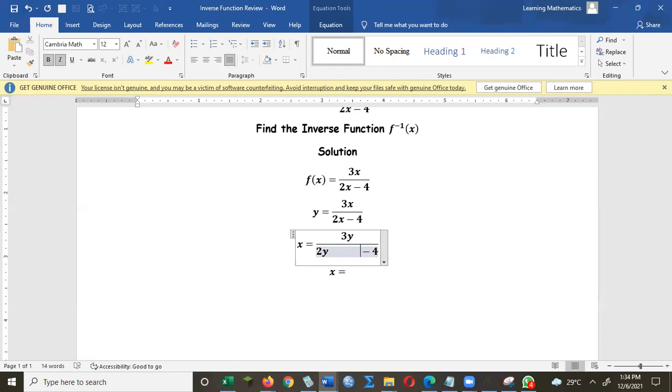But as soon as you put a bracket there, you can use the word grab. You grab the 2y and the -4 and you hold it in your fist.